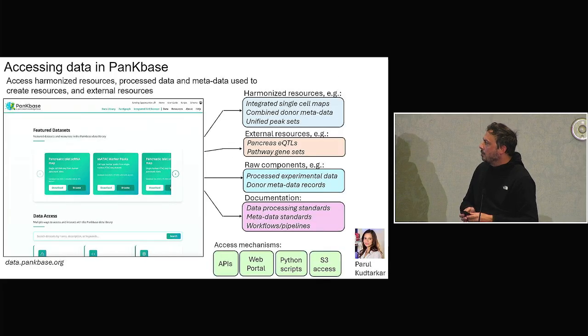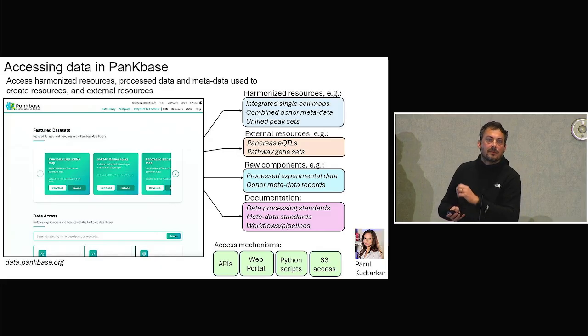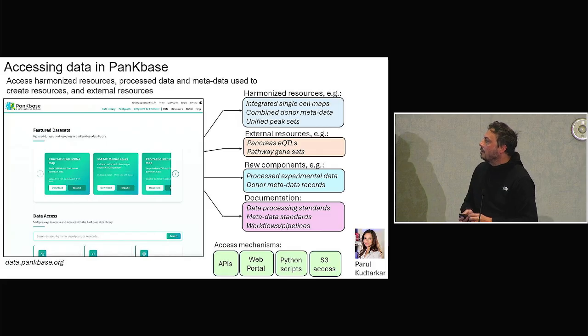Okay, so I'll briefly touch on each of these access mechanisms to understand data that we're creating from these harmonized resources. So one is a database that hosts all the underlying data.